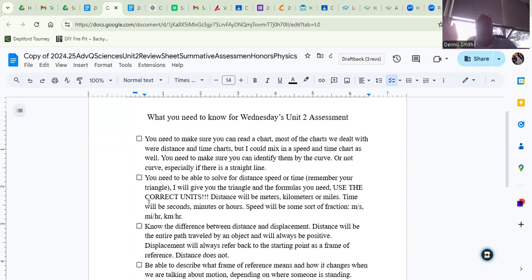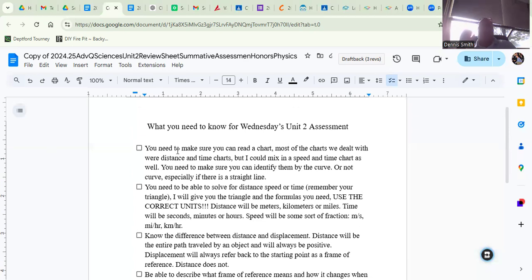So here's the review sheet for the assessment, which will now be Wednesday, on the science testing day. So what you need to know for Wednesday's Unit 2 assessment: you need to make sure that you're going to be able to read the charts, like know what a speed and time chart means, know what a distance and time chart means, know what straight lines mean, know what curves mean, know what going away from origin means in terms of positive movement, coming back to the origin as negative movement, all of those things.